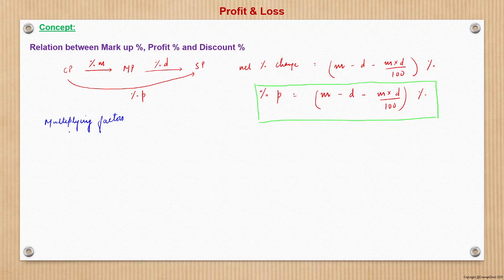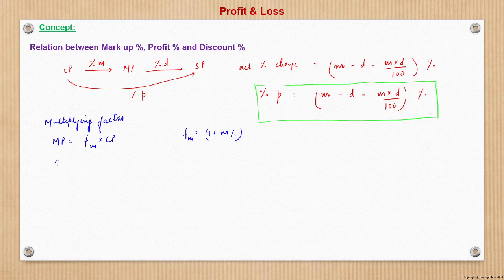Multiplying factors. Can I say that MP is nothing but the multiplying factor of markup into CP? That is, when we are giving a markup, we are multiplying CP by a multiple such that we obtain MP, and that multiplying factor is nothing but 1 plus the markup percentage. FM is nothing but 1 plus markup percentage, right?